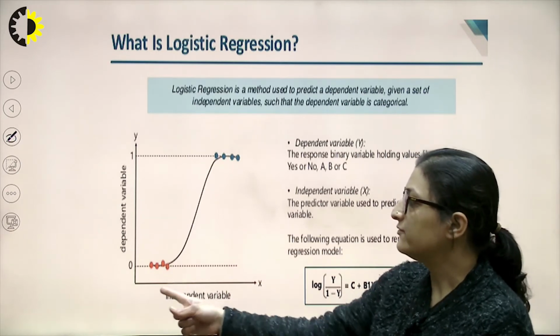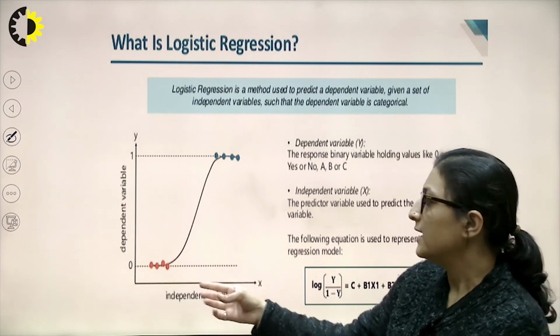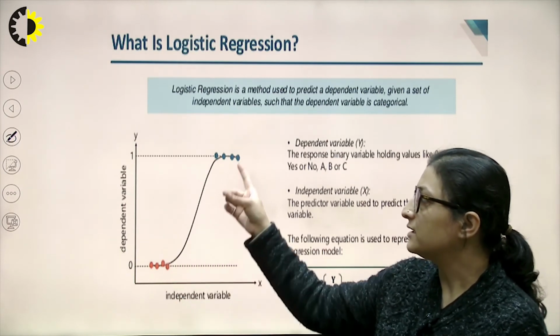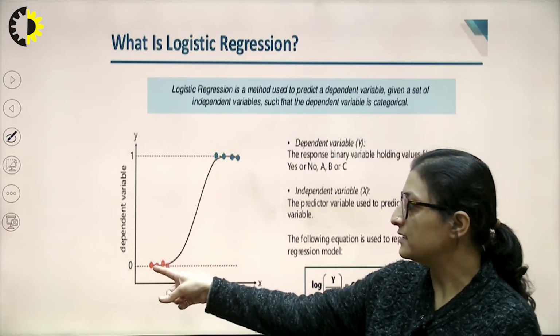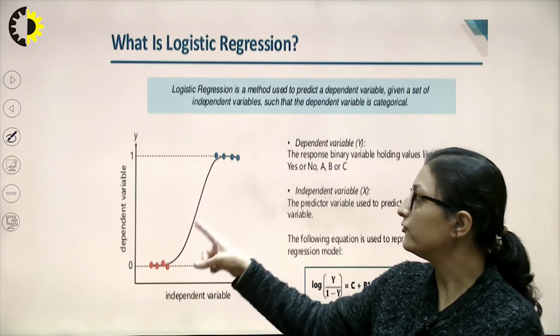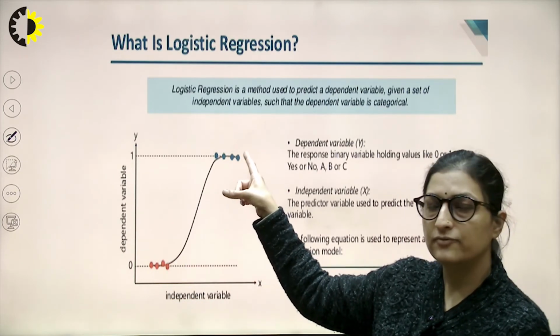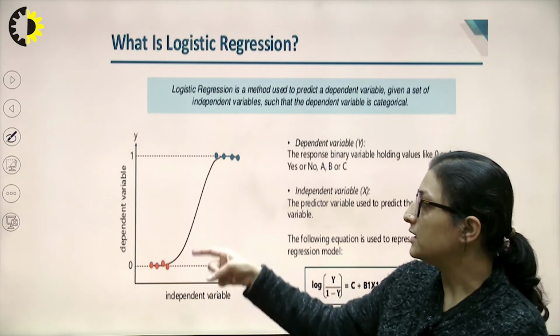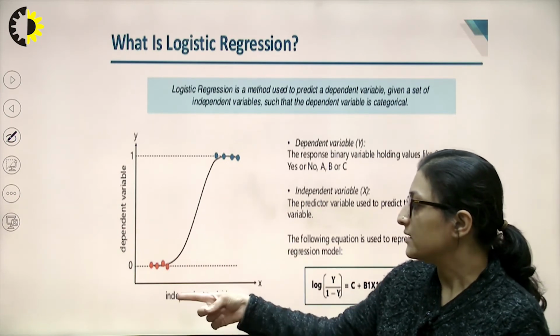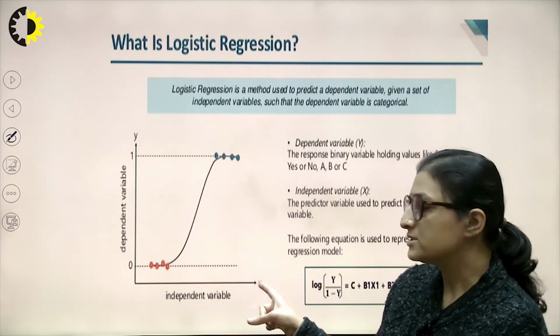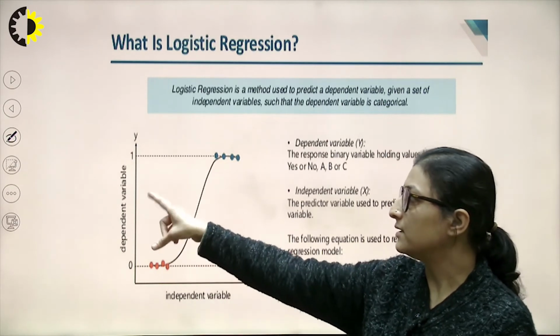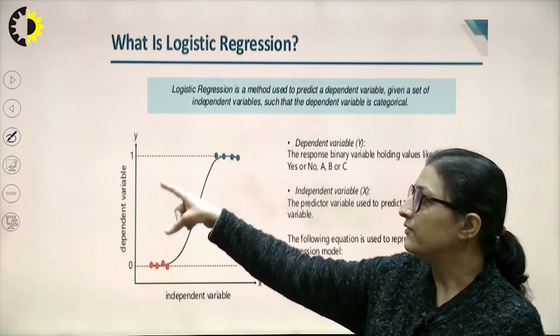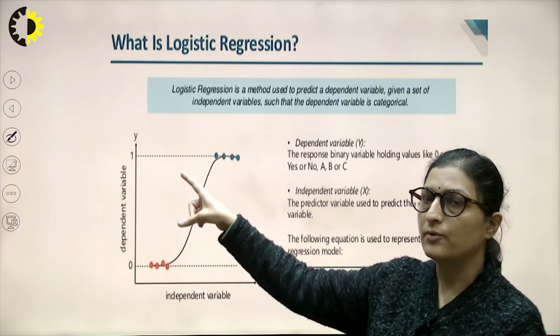For example, if this is my data, I have plotted the instances. These are the different instances 1, 2, 3 and 4, and these are another 4 instances. When I have plotted these instances, this is the independent variable across the x axis and the dependent variable across the y axis. The dependent variable has two values, 0 and 1.